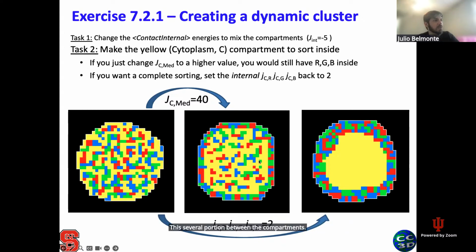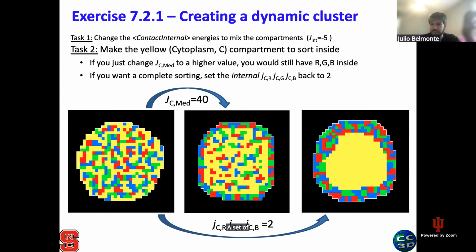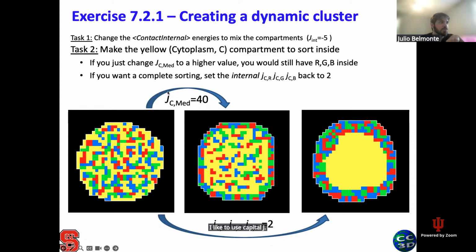And here I want to already introduce you to some notation that I like to use, because now we have a set of contact energies that are external and a set of contact energies that are internal. I like to use capital J to refer to all the external contact energies, and a lowercase j to refer to all the internal contact energies.